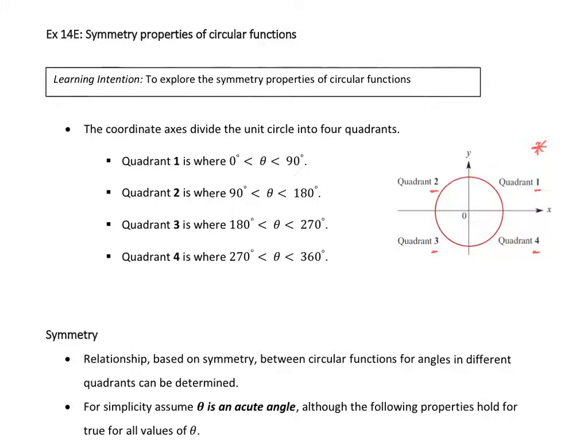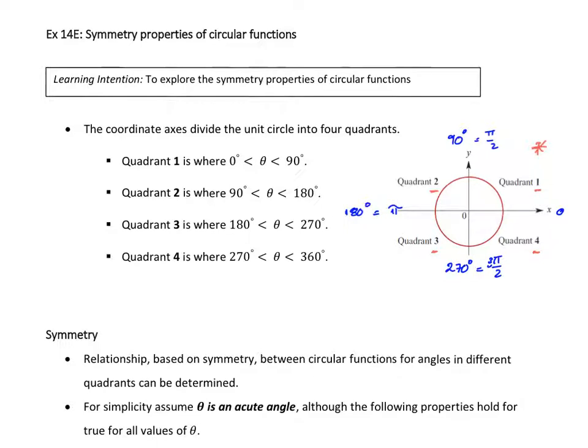Now the other thing that you would be aware of is that when we go around a circle, we start at 0. This is 90 degrees, or the equivalent in radian would be pi on 2. When we go around again, this is 180 degrees, and the equivalent in radian is pi. And down here we're at 270 degrees, which is 3 pi on 2.